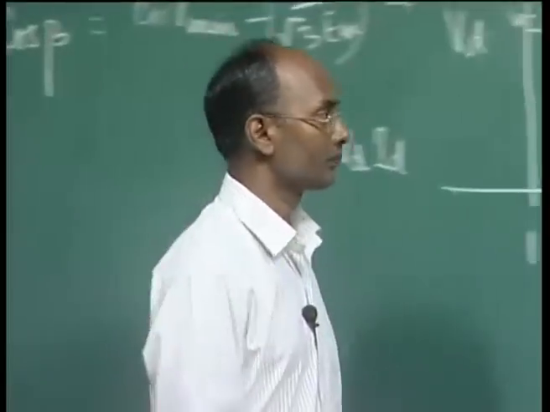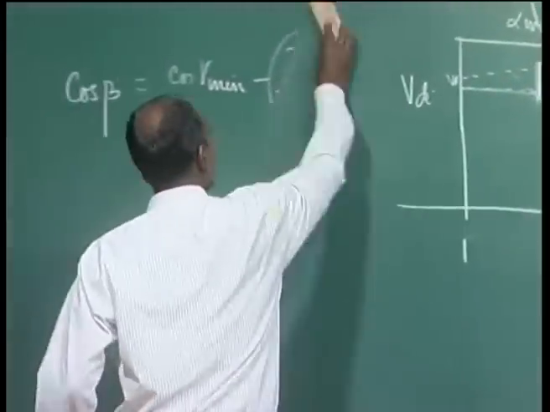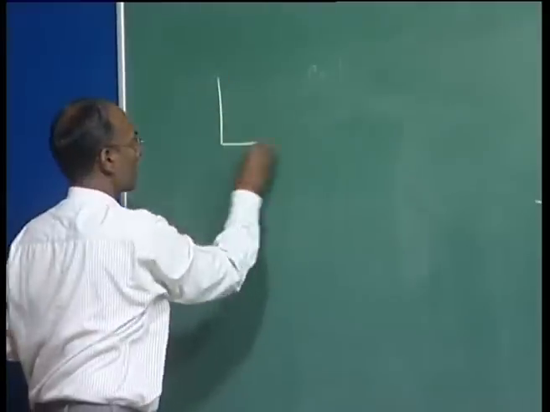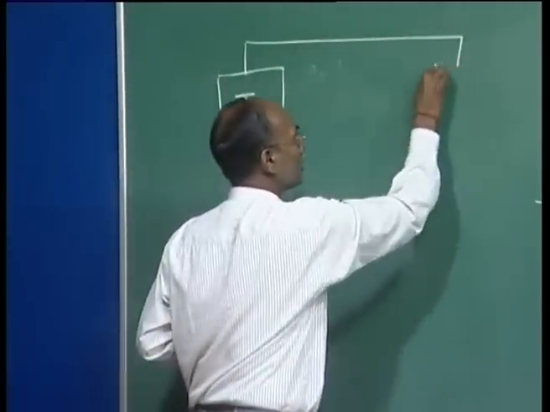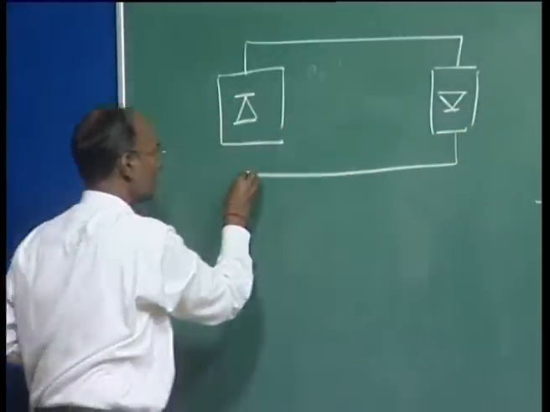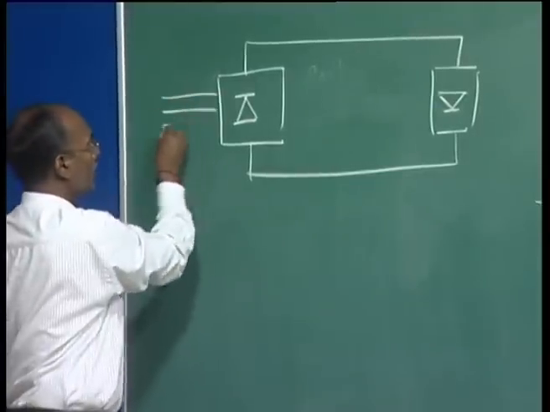What does it mean? I will explain with this example. This is your rectifier, this is your inverter. Let us suppose it is a monopolar operation, whatever you can see.